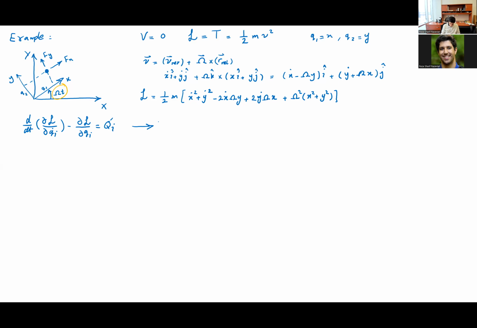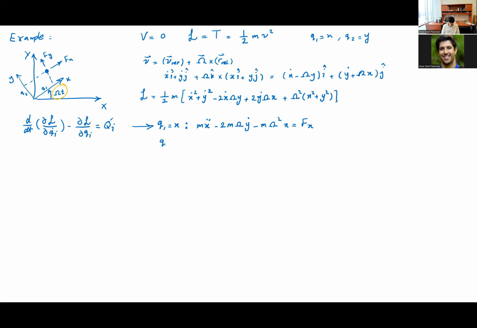Along x, q1 equals x, I have m x double dot, simplifying, minus 2m omega y dot minus m omega squared x.